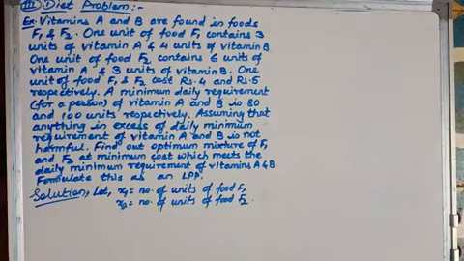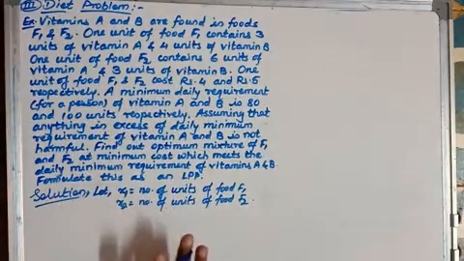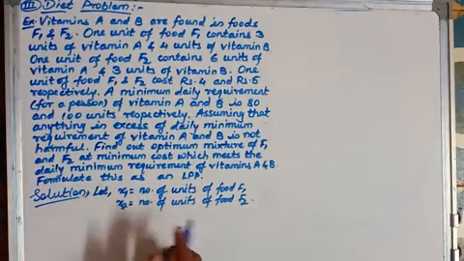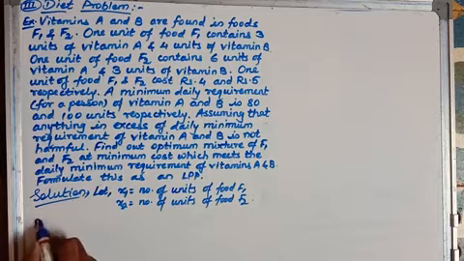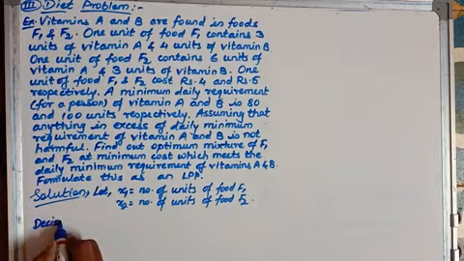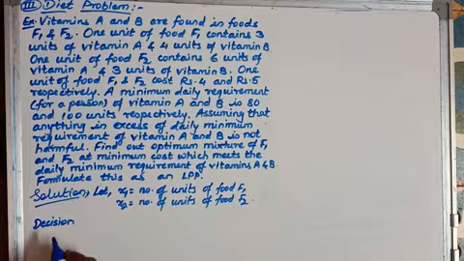Now, just like our previous problems, let us tabulate the given things. So let me write the decision variables. Clearly, as we assumed x1 and x2 as the number of units of foods F1 and F2, here also our decision variables are x1 and x2.